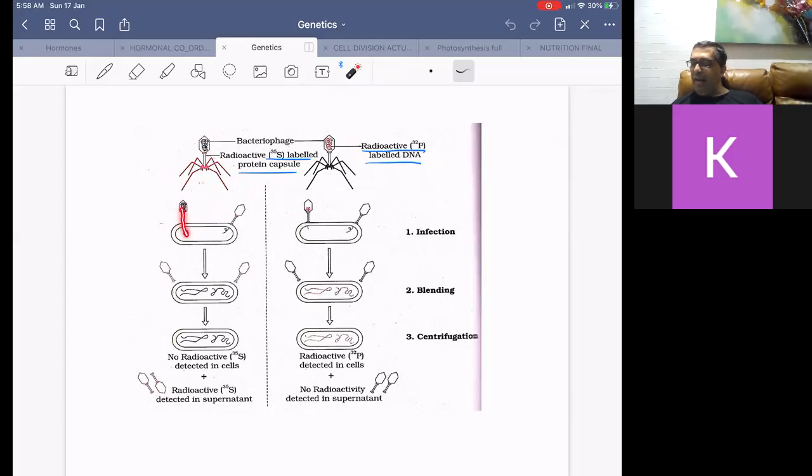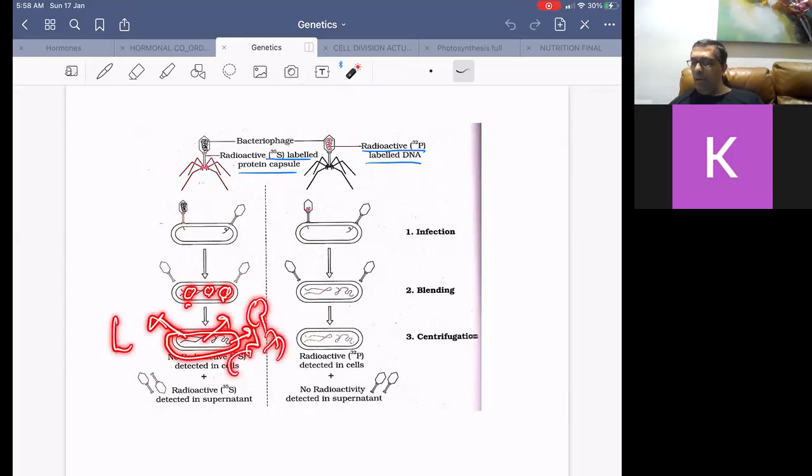And once its genetic material is passed inside, using its genetic material, more daughter bacteriophages are formed, and it will help in rupturing of the bacteria. The bacteria will rupture and daughter bacteriophages are liberated.